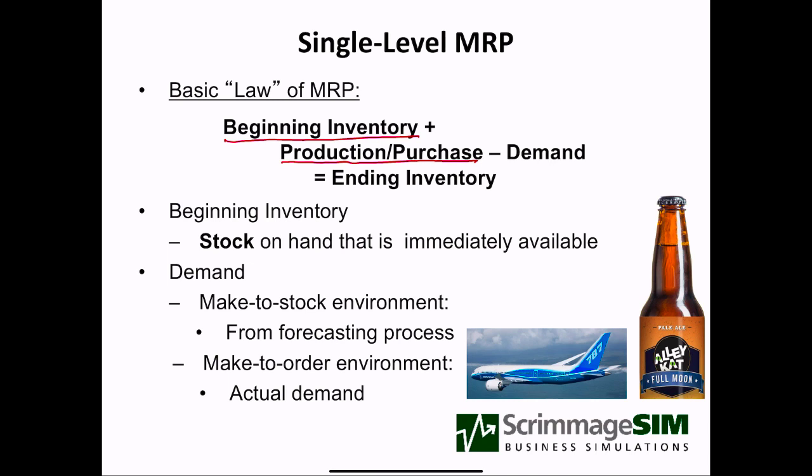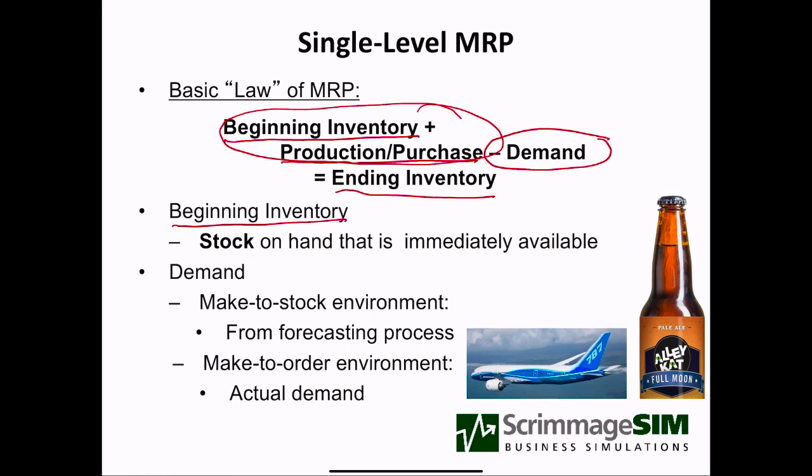And in some cases, parts are both made internally and purchased. That total is what's available to meet customer demand. So when you subtract off customer demand, what you have left is the ending inventory. That's the basic material balance equation. What you have plus what you make minus what you use is what's left over.